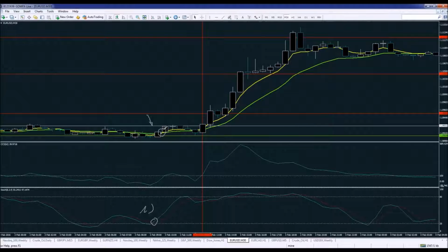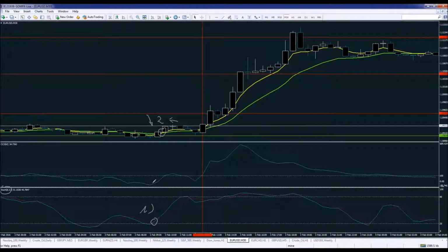And we've got rule number 2, crossovers of the moving average pretty much at the same time. However, if the stochastic crosses first, that's why it's our first rule. Crossovers of the moving average can occur afterwards, and that is rule number 2; if the crossover of the moving average occurs after the stochastic, it is also a positive signal. However, if we have them vice versa, it could be a false signal.